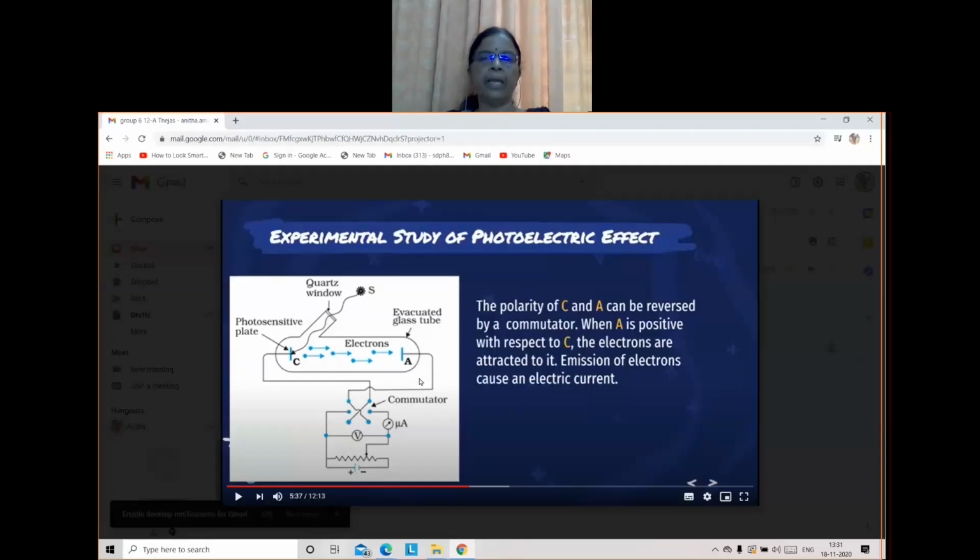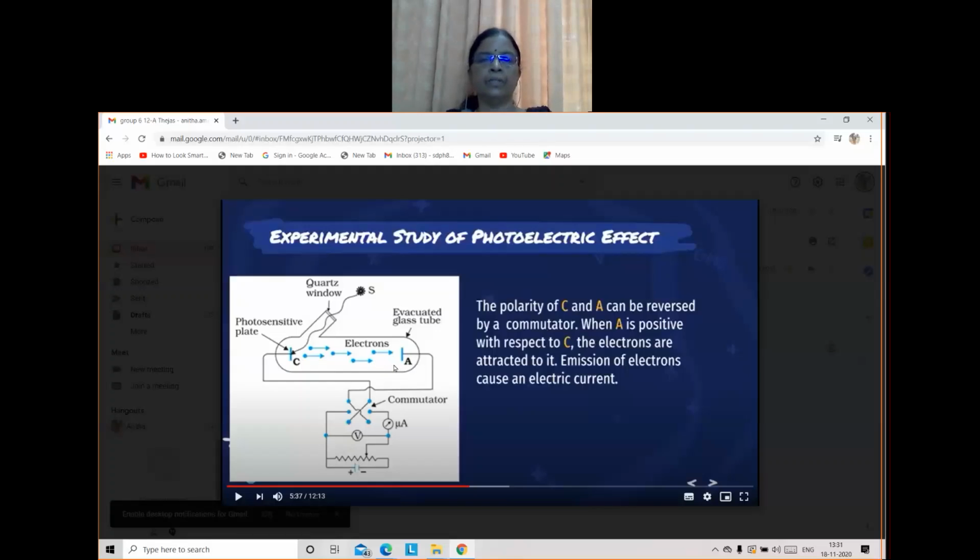Then next we again increase from 5 to 10 volt. We are increasing the potential of the plate A with respect to C, to 10 volt. Then the photoelectric current increased again. All the electrons are accelerated, so the number of electrons per second increases, so photoelectric current increases.